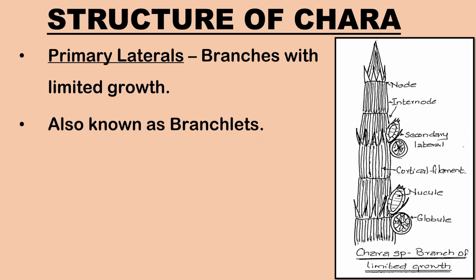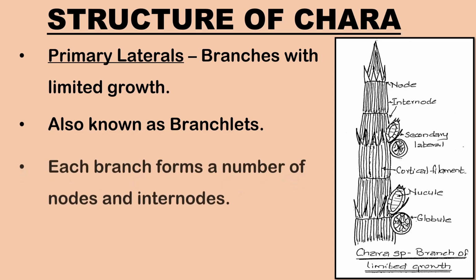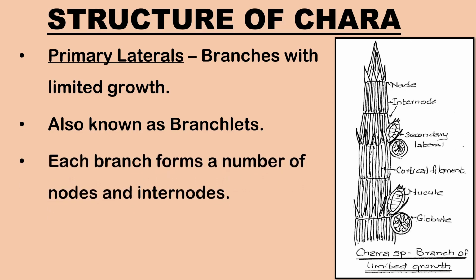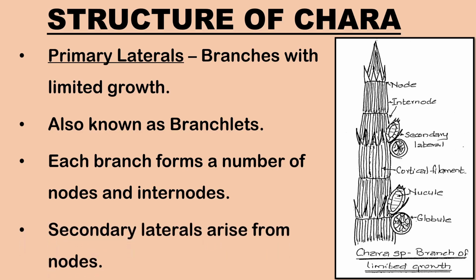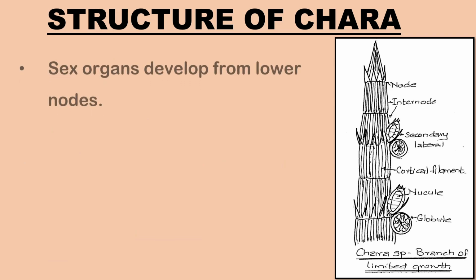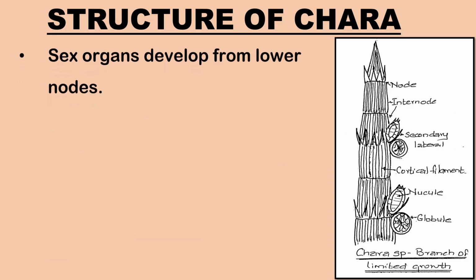They are also known as branchlets. Each branch forms a number of nodes and internodes. Secondary laterals, that are hair-like structures, arise from the nodes. Sex organs develop from the lower nodes.